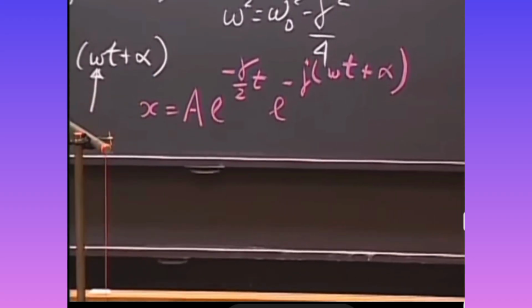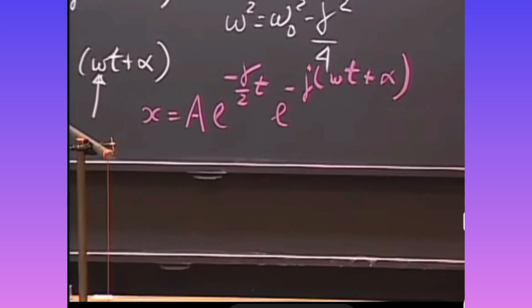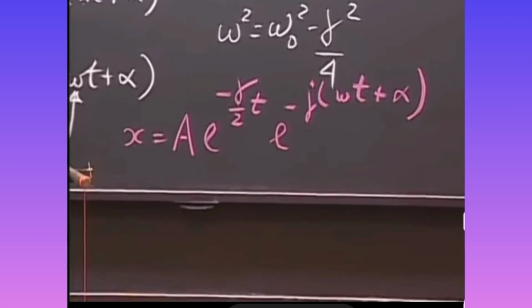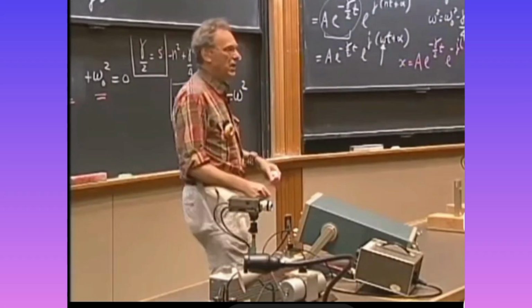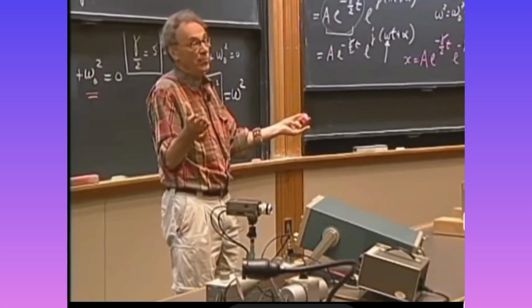And there are 2 adjustable constants which depend entirely on the initial condition. At time t equals 0, there are 2 things you can do to the object. You can bring it to a certain point away from equilibrium, and you can give it a kick. We call that a velocity. And you're free to choose any way you want to do that.